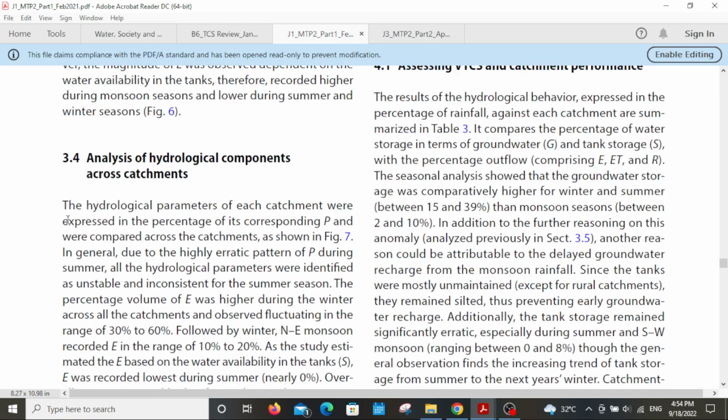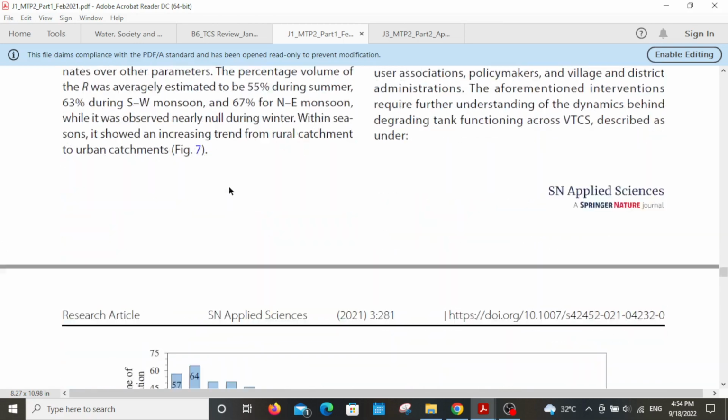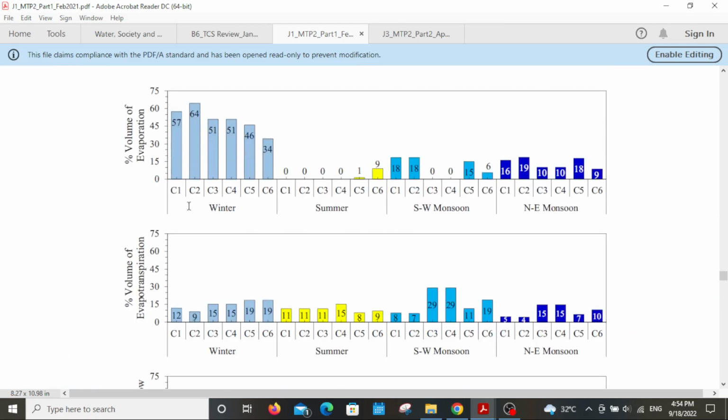We have also conducted the analysis of hydrological components across catchments, which is very much required. For example, if you want to see how evaporation is behaving across each of these catchments, we know that we have 6 catchments, and in each catchment we have tanks. C1 and C2 catchments are rural, C3 and C4 are peri-urban, and C5 and C6 are urban.